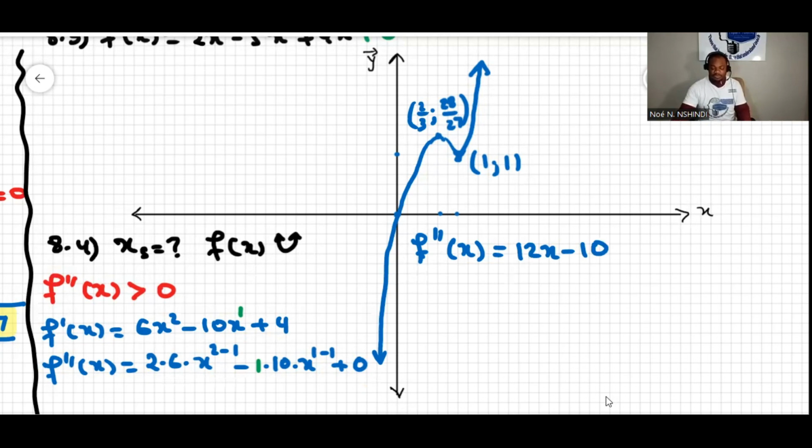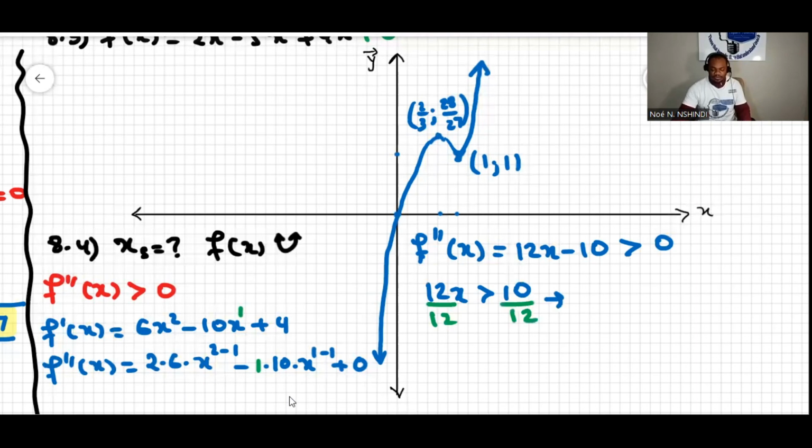So now we're going to set this greater than 0. This means that 12x is greater than 10. I can just divide both sides by 12, because I need the values of x.